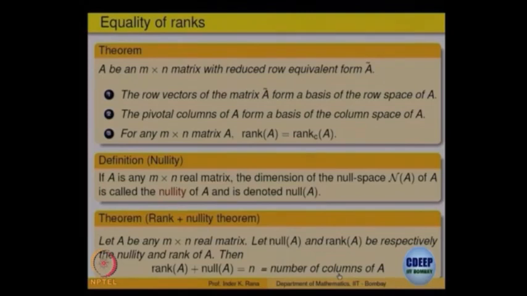So, what we have said till now, let me just summarize before I start looking at examples. Given a matrix A, there are three important subspaces associated with it. One is the row space, that is the space spanned by the row vectors of the matrix. There is a column space spanned by the column vectors of the matrix, right.